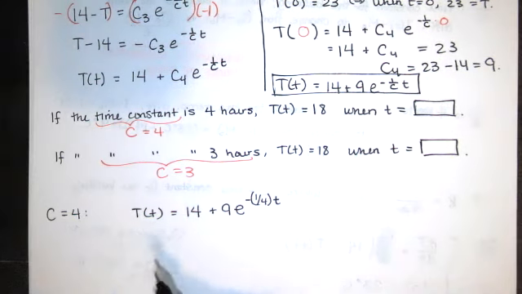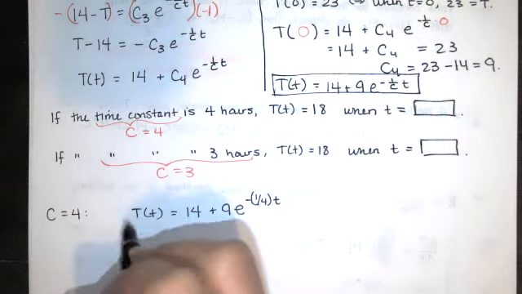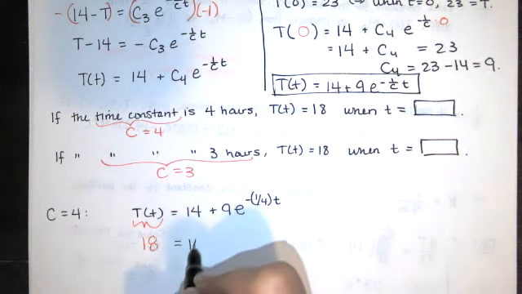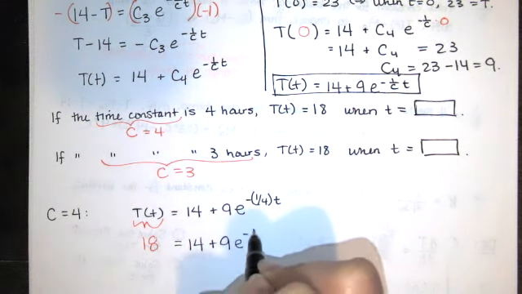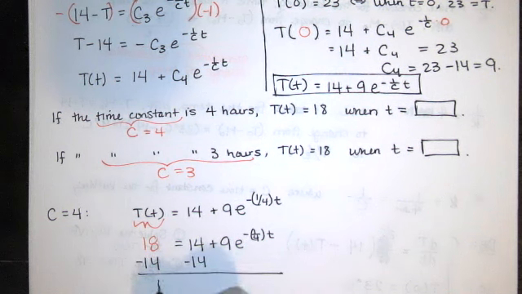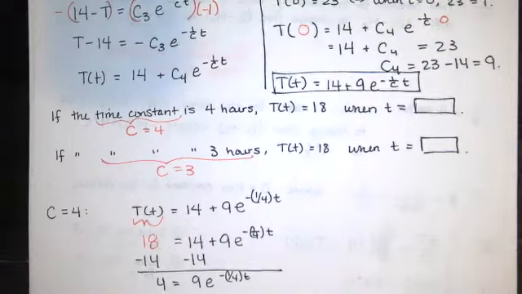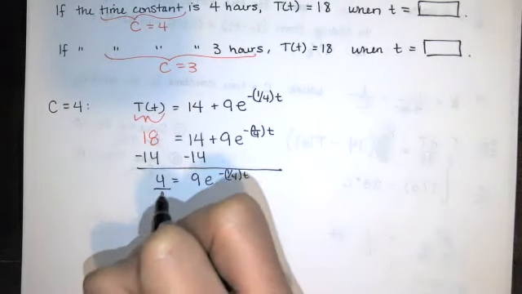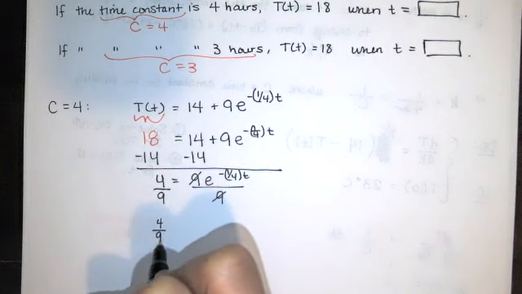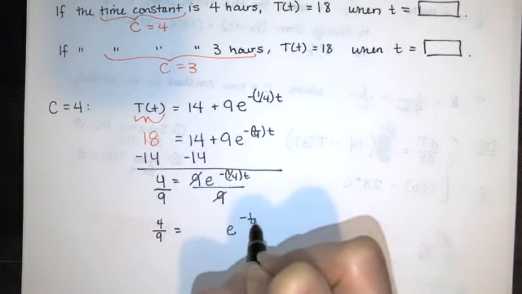And we want to know when is capital T equal to 18. So we just replace this with 18. And then we solve the exponential equation. It's like a college algebra problem at this point. So you subtract the 14 from both sides. And then you divide both sides by 9. And you want to get rid of the exponential.